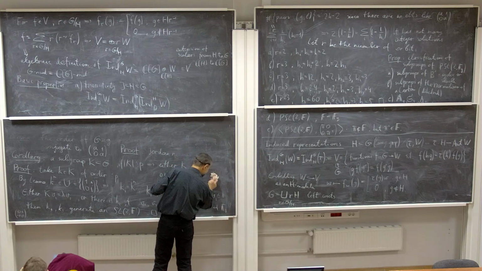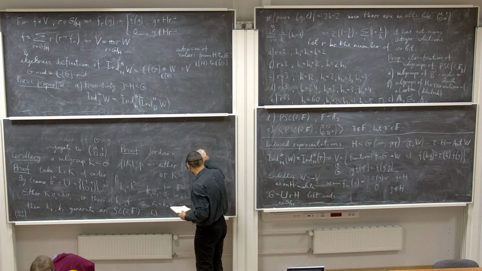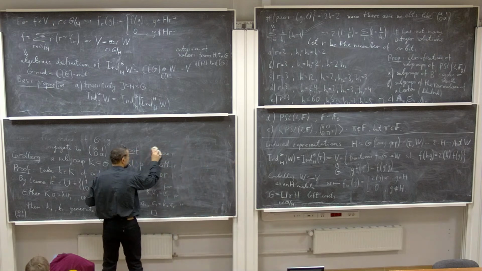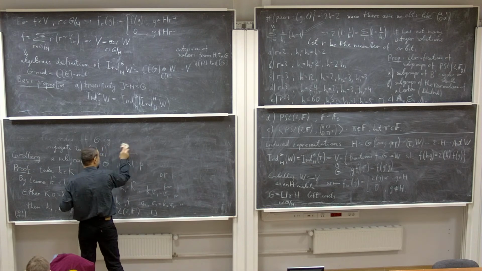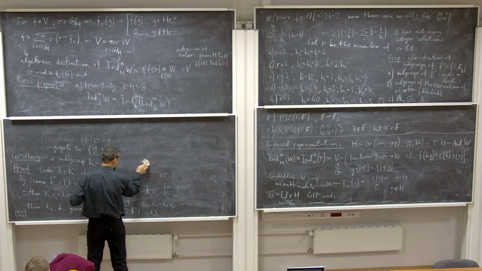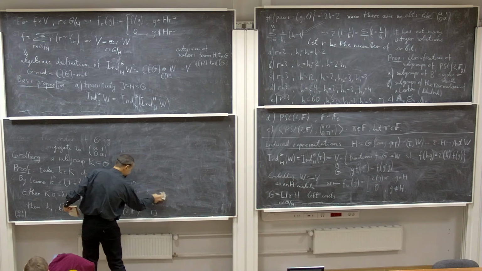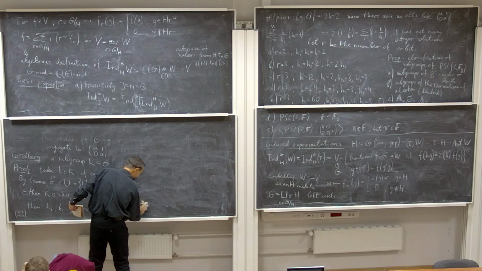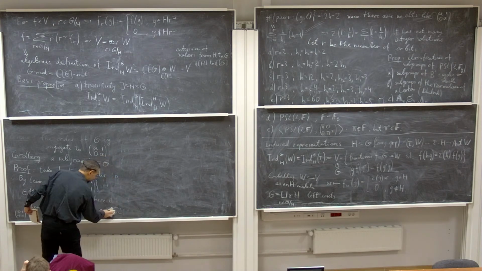So in scientific language, the functors of restriction and induction are adjoint. And since we are working with finite groups and representations over complex numbers, then all representations are semi-simple, and there is no difference between left and right adjointness. So they are both left and right adjoint of each other.